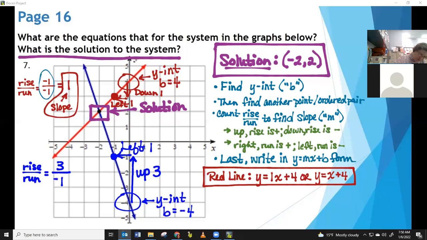So I'm going to have a -1. Can I reduce or simplify that fraction? Yes, what am I going to get when I simplify it? -3. Love it. So this right here is the slope for my blue line.